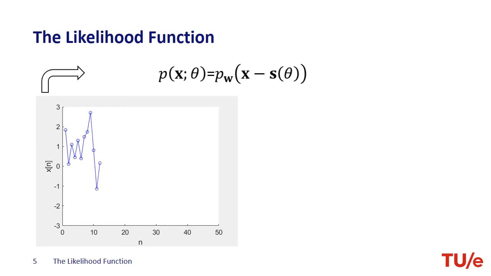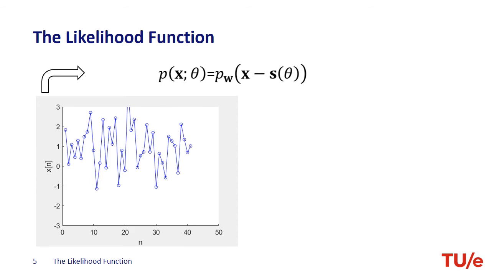So, let's put the observation vector back into the probability density function. Sure, we will get a value out of that probability density function. But now that the data x is not a variable anymore, we have a function of theta alone. That is the likelihood function.